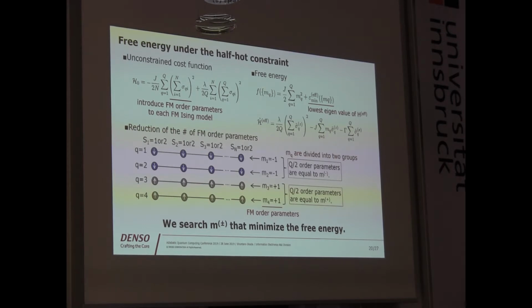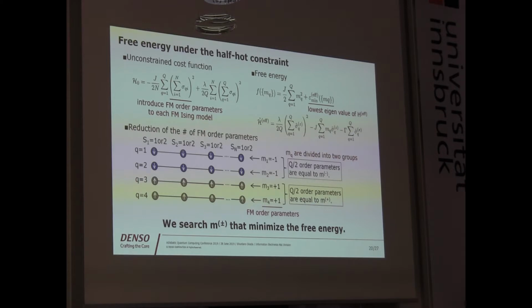We can verify that the first-order phase transition can be avoided under the half-hot constraint. This is the unconstrained cost function, and we can apply the mean field theory to the first term. By introducing the ferromagnetic order parameters to each ferromagnetic Ising model, we obtain the free energy as shown here, where epsilon is the lowest eigenvalue of the effective Hamiltonian.